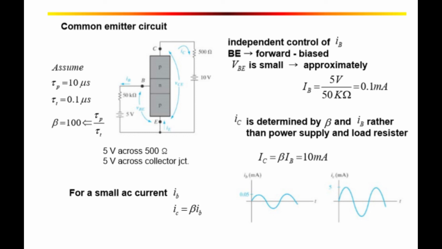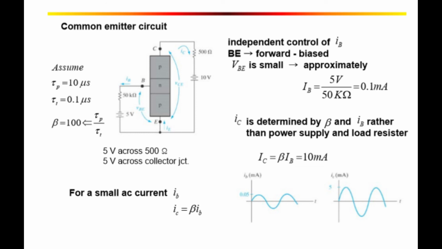Since VBE is small for the forward biased junction, we can neglect it, and approximately the base current is the ratio of the 5 volt battery attached to the base and emitter and the resistance in this circuit.